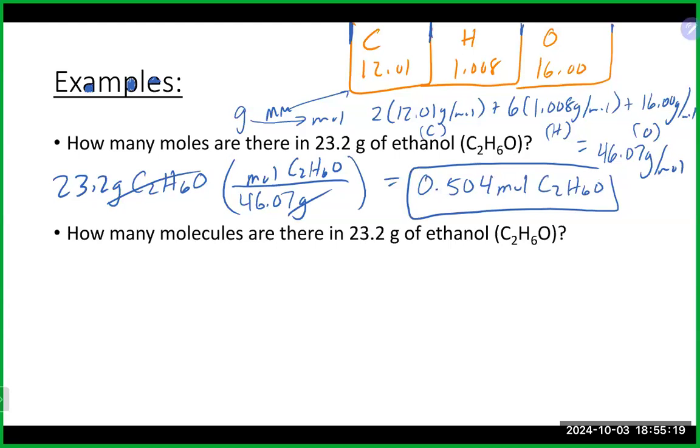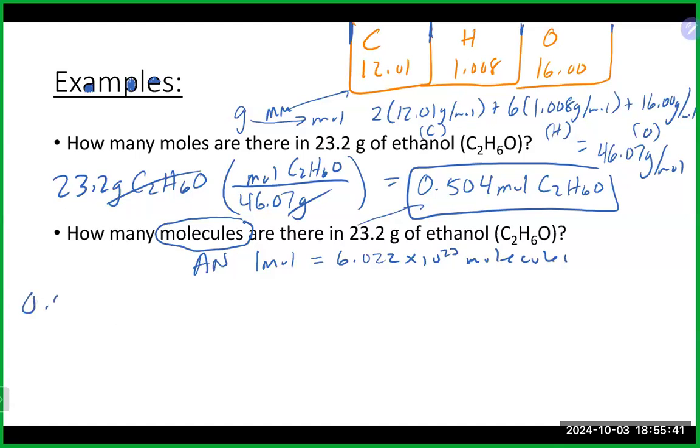Now, at this point, for the second part, we really just want molecules, and that tells us Avogadro's number needs to be in play, and that is 1 mole is equal to 6.022 times 10 to the 23. Here we will use molecules as a unit because ethanol is a molecule. We really could just honestly pick up from here, and we'll go 0.504 moles of C2H6O.